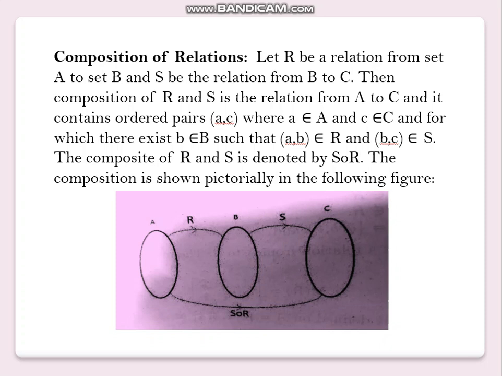The set A is the first set, B is the intermediate and C is the last set. R is the relation from A to B, S is the relation from B to C. Only if we have a member going from A to B and if that same member is having image in set C, then we have the relation from A to C. Let us understand this by means of an example.